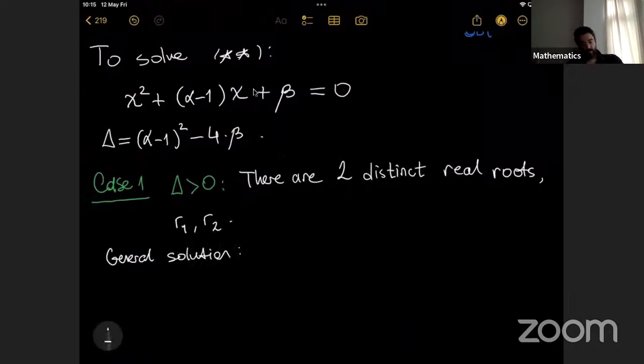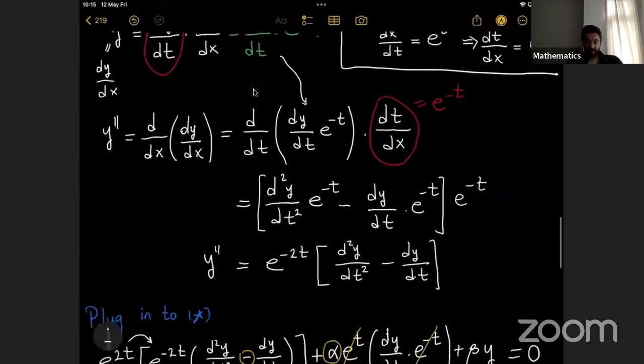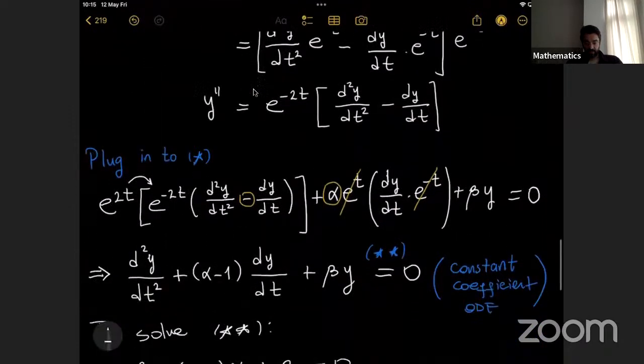It's going to be y is equal to C1 times e to the R1 t plus C2 times e to the R2 t. Well, this is the solution of the second star, right? With respect to t here.